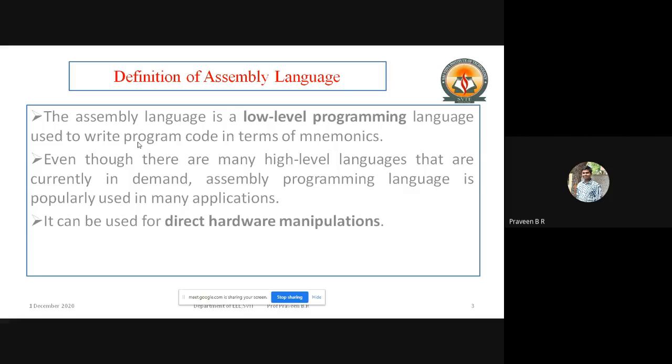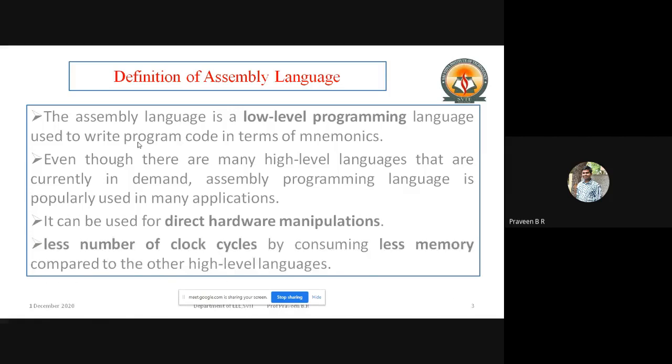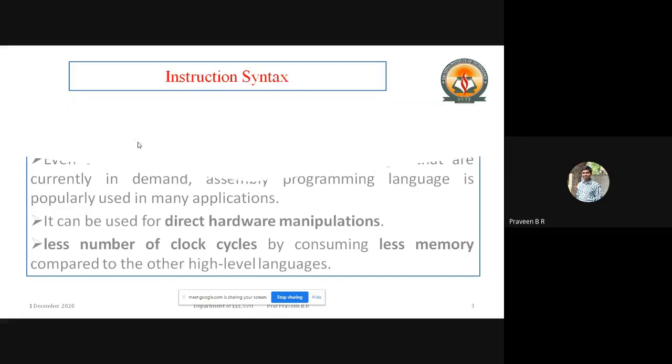The assembly language program can be used directly with the hardware. So direct hardware manipulations are there. Hence we prefer assembly language programming. One more advantage of assembly language programming is it utilizes fewer clock cycles and also it consumes less memory space compared to high level language.